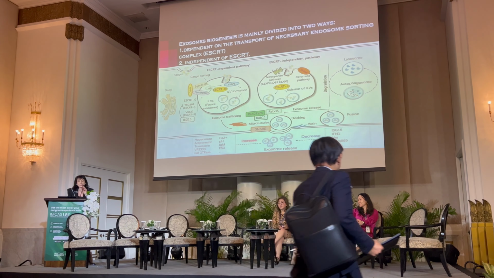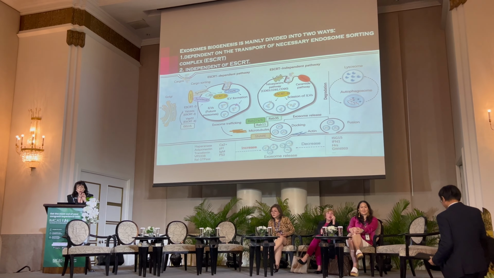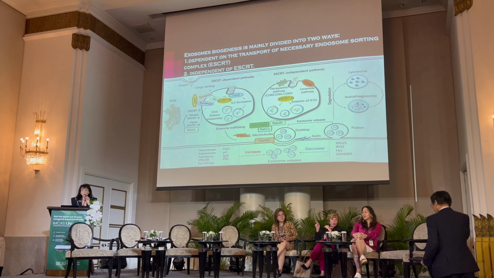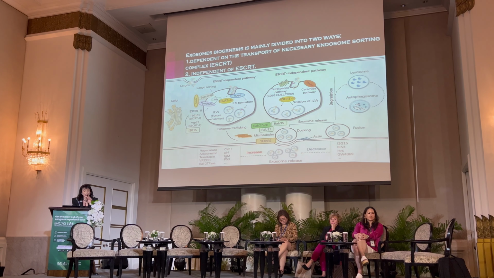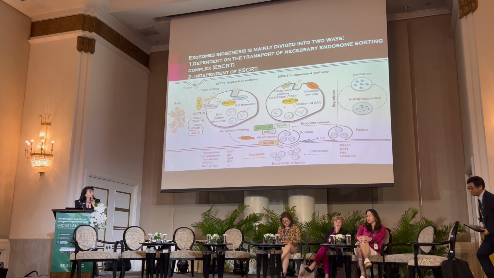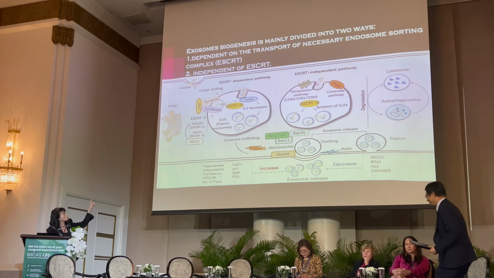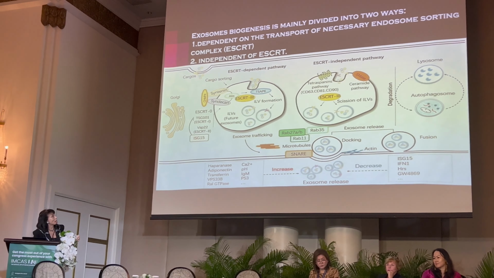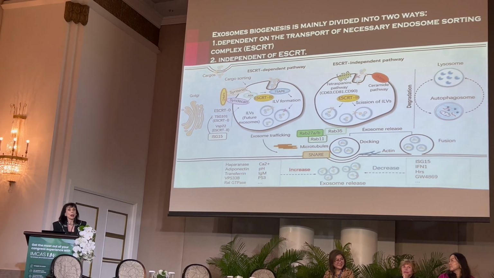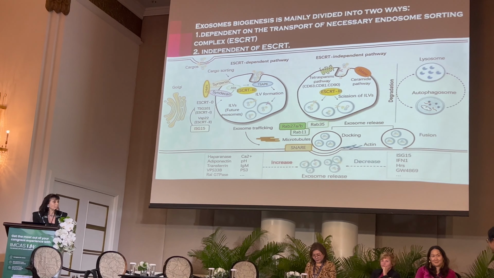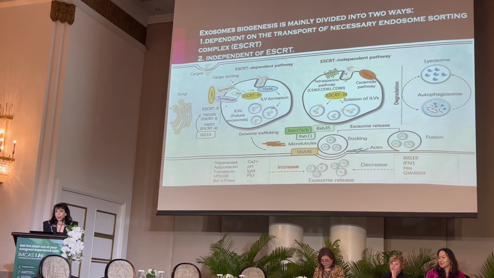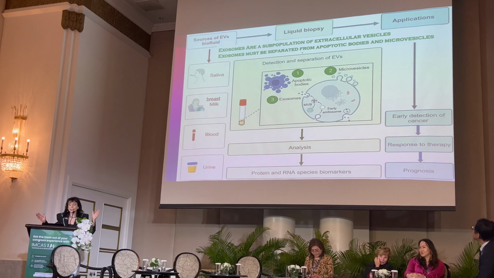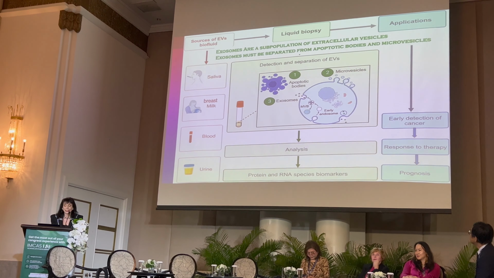One is the transport of the necessary endosome sorting complex, the ESCRT-dependent pathway, which you see in the first slide, and then the pathway independent of the ESCRT. So there are two different ways that it can happen.